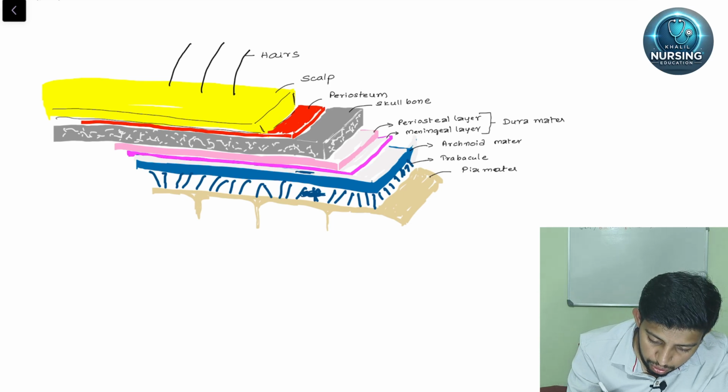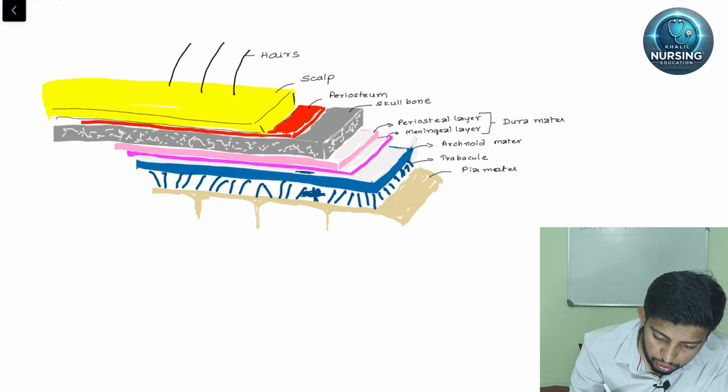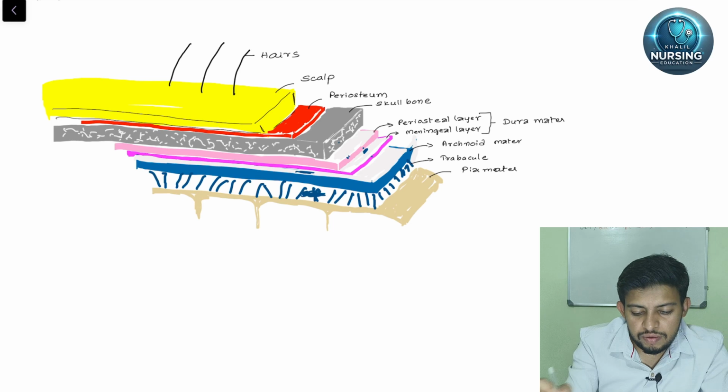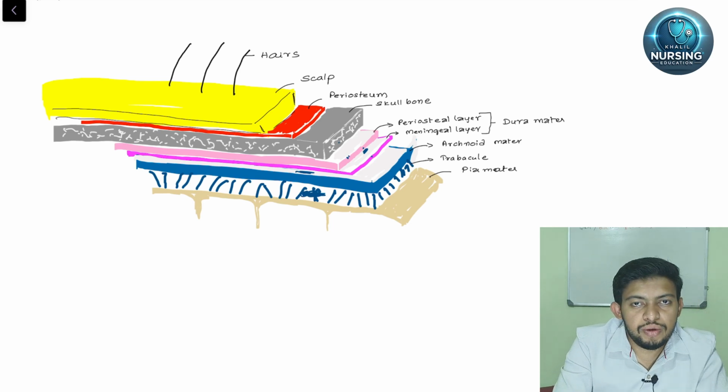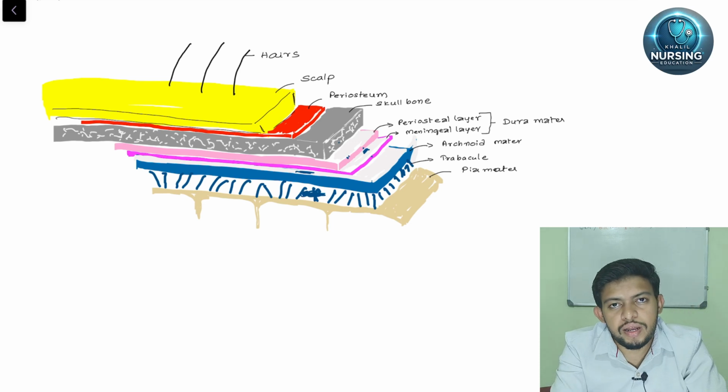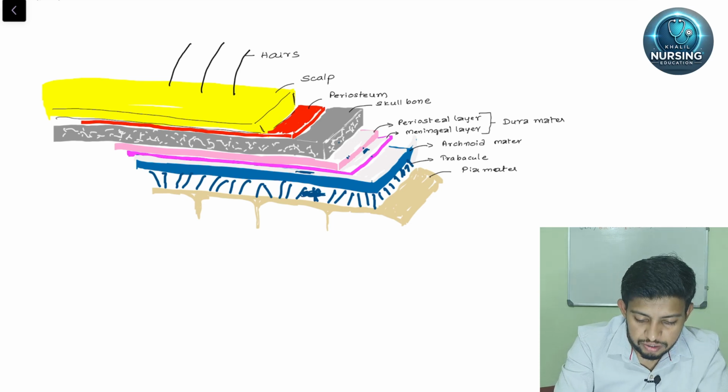And above the meningeal layer and below the periosteal layer, this one is called the epidural space, or we can call it the extradural space.